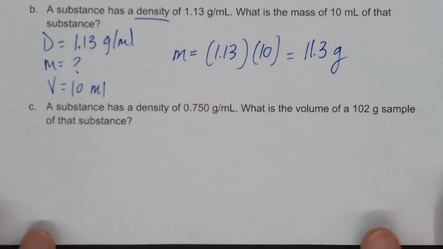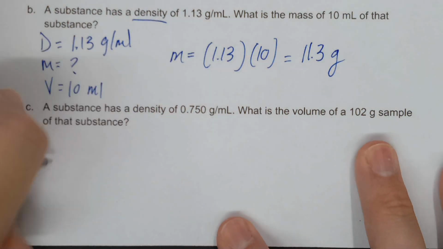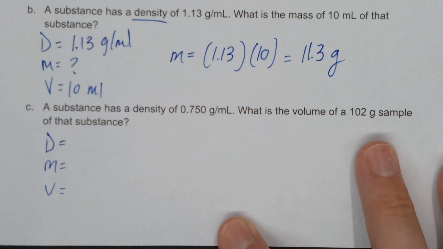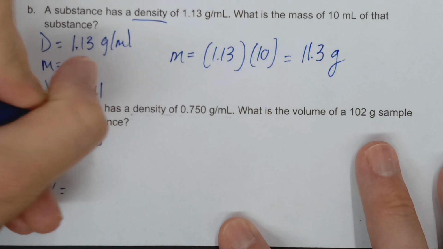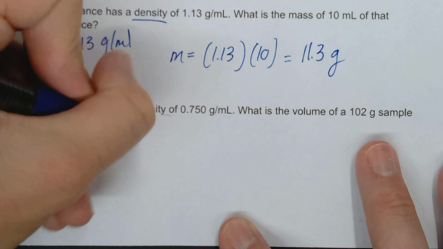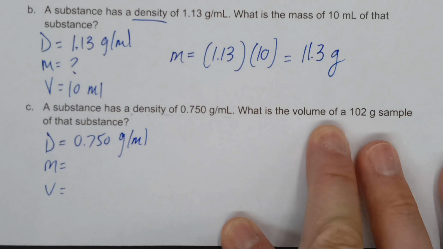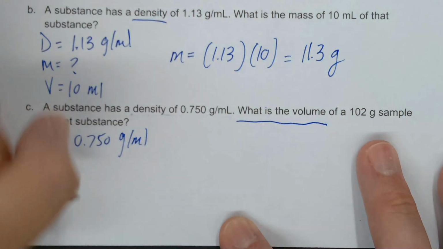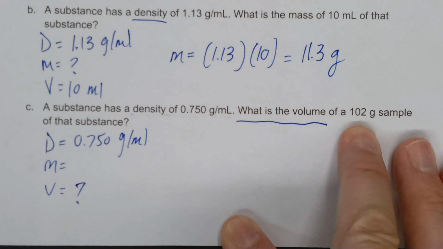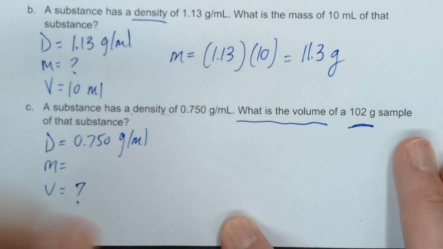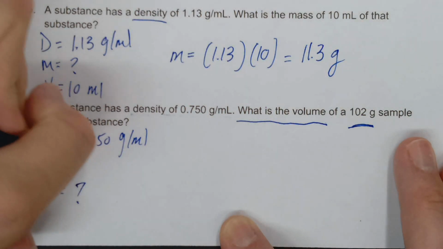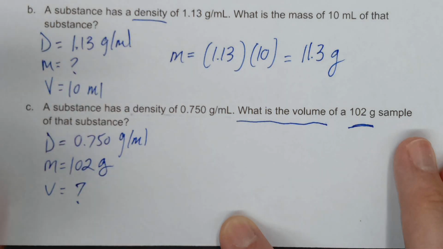Okay, last one. Here, we're going to look for density, mass, and volume. It's telling us we have a density of 0.75. So I'll write that in for D. What is the volume? That means we don't know V. What is the volume of a 102 gram sample? So when you see 102 grams, if it's just grams alone, that's a mass. So here, our question mark is with the volume.